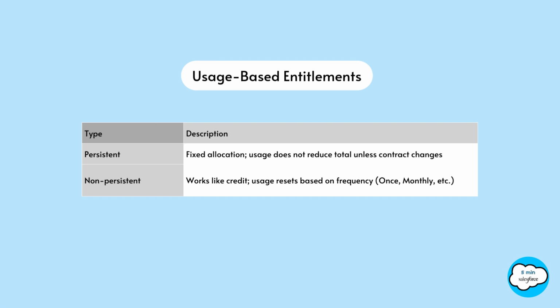Persistent gives us a fixed number that stays the same unless your contract changes, but non-persistent works like credits. They reset monthly or yearly or after a specific period. So these are usage based entitlements.